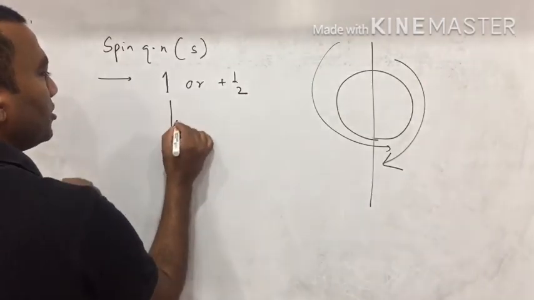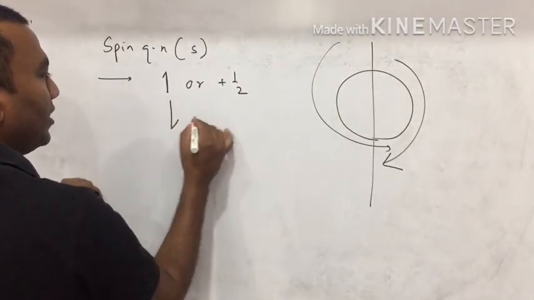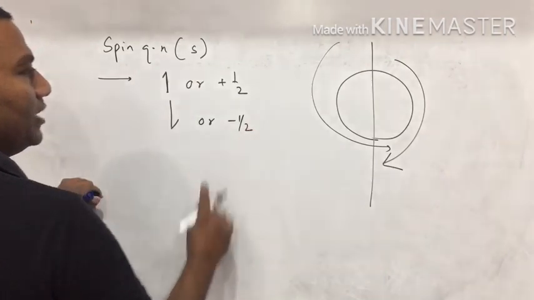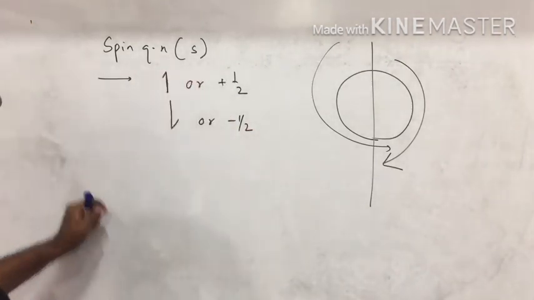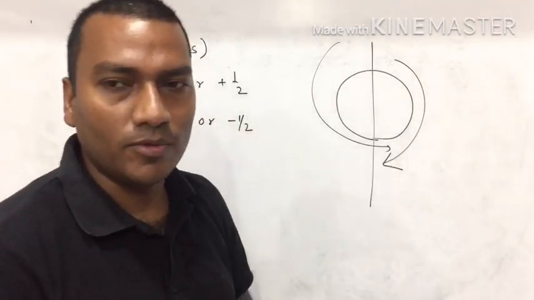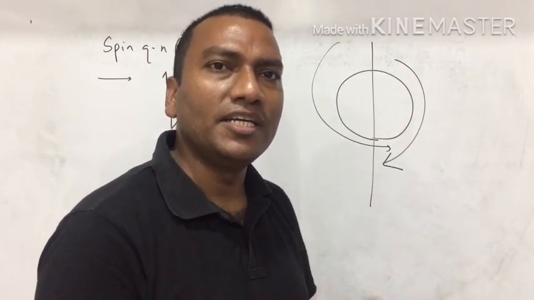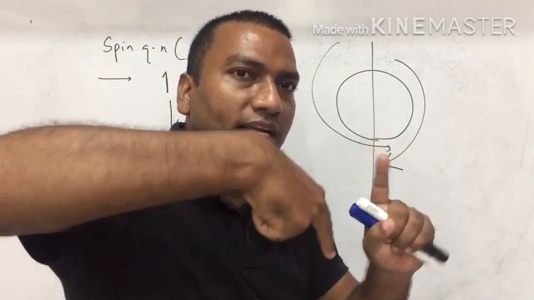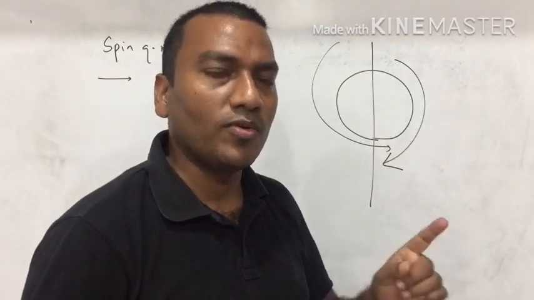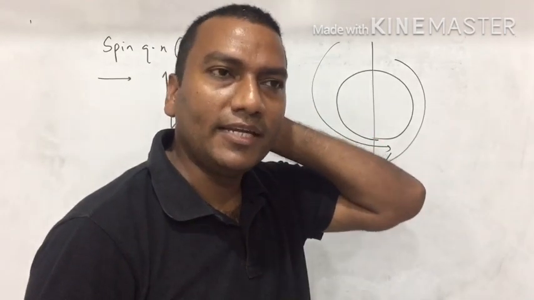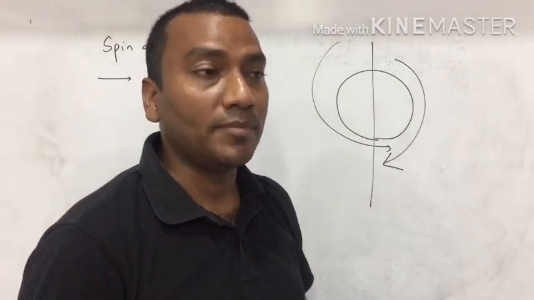Similarly, the electron moving in anti-clockwise is a down arrow or minus half. So according to this quantum number, each orbital contains 2 electrons with opposite spin. Clockwise is represented by plus half, anti-clockwise by minus half.